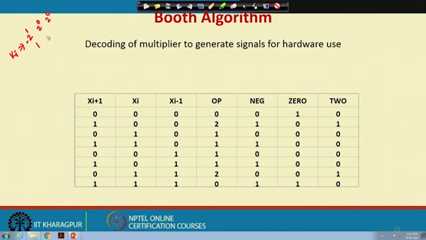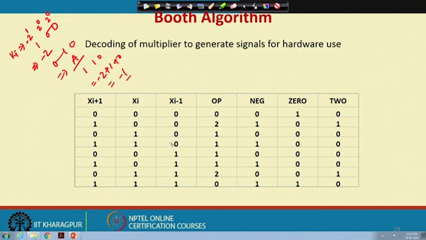So if the bits are 1 0 0, this will be minus 2. For 0 1 0, this is nothing but 1. For 1 1 0, what will be the case? Minus 2 plus 1 plus 0, which means minus 1.